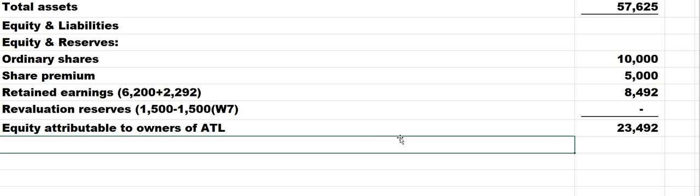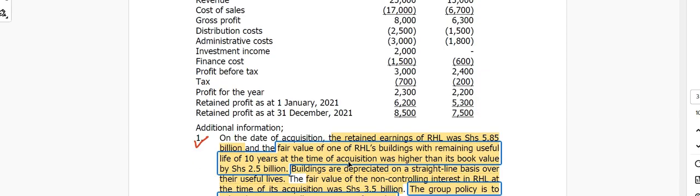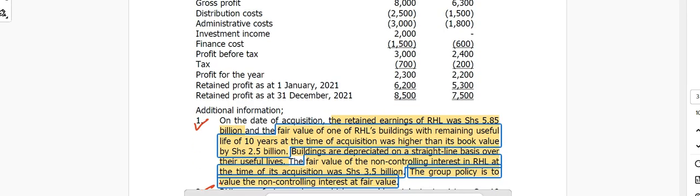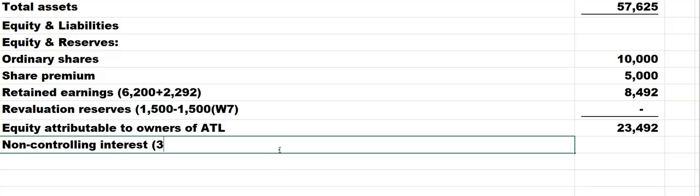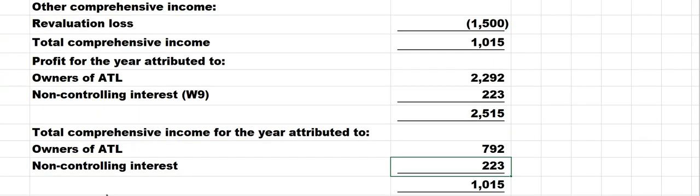You can bring your non-controlling interest. To get your NCI at the end, you have the fair value of NCI at acquisition, which was given as 3.5 billion. So I'll just get the 3.5 billion plus their share in the post-acquisition profits.